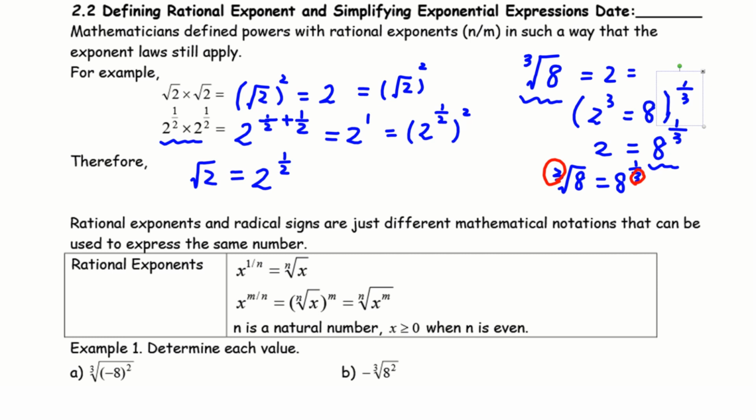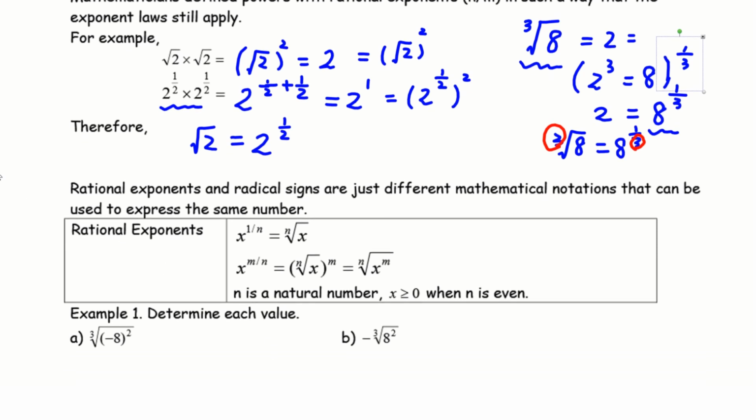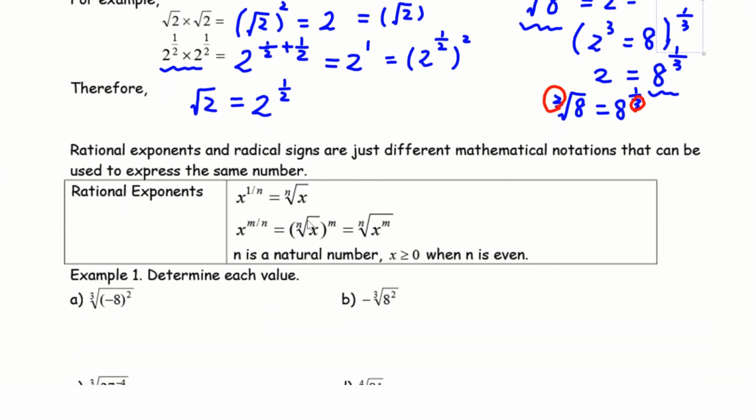So here are the rational exponent and radical sign conversions. x to the exponent 1 over n equals the nth root of x. x to the exponent m over n is the nth root, and m is the power. So the nth root is 1 over n as the exponent.